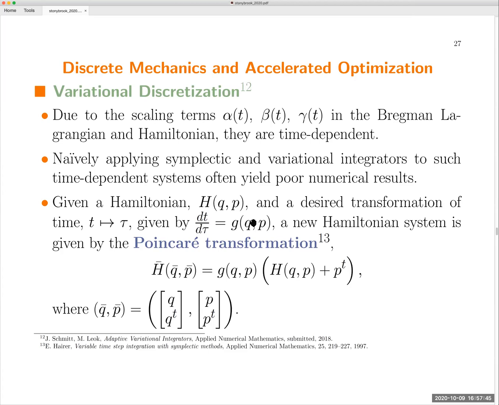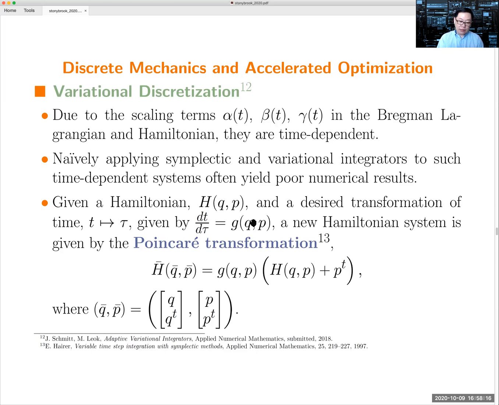Okay. So the point is that if you did it naively, if you just took a symplectic integrator and appended an adaptation of the time step, you would get a method which breaks some of the geometric structure. In particular, it will break the energy conservation properties, because energy is not exactly preserved by a symplectic integrator. It's only approximately preserved via this backward error analysis result.